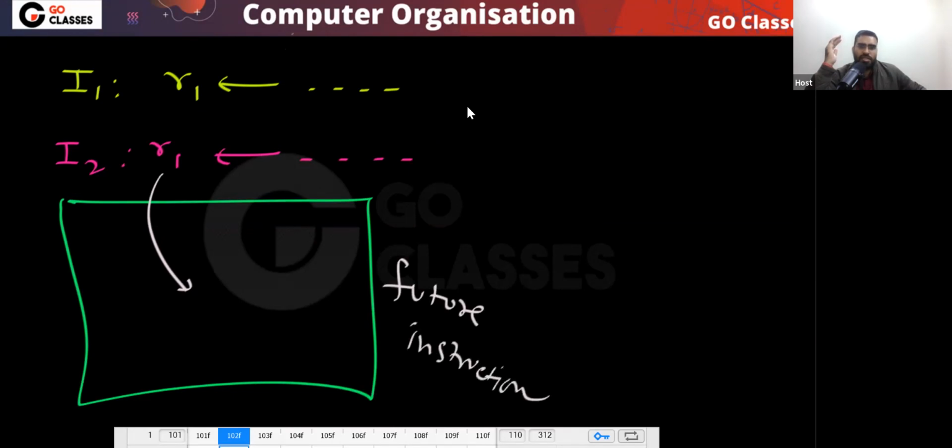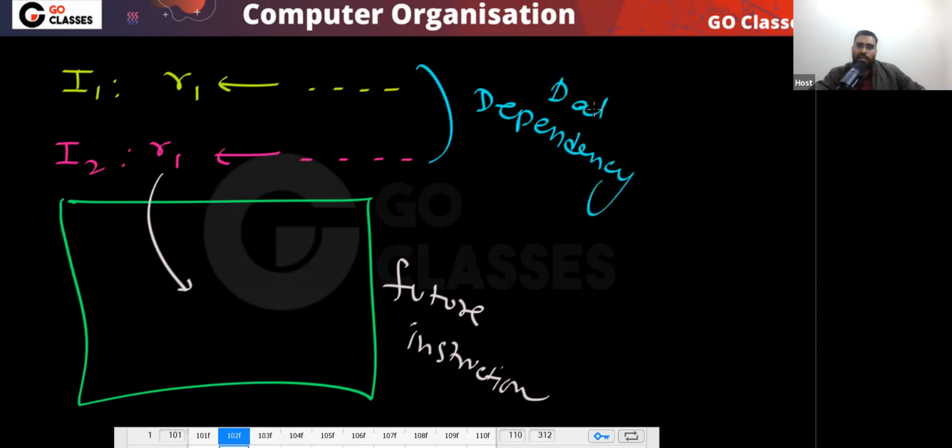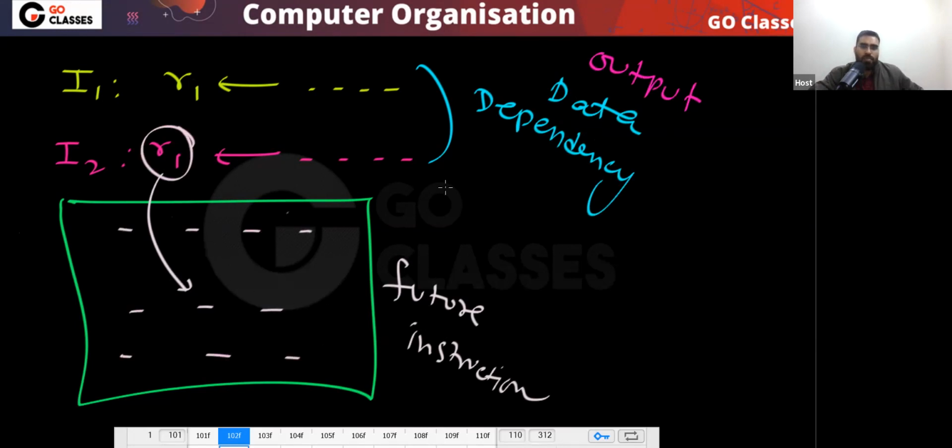So you can see that here also you have a dependency. Here also we have a data dependency, but this data dependency is called output data dependency, because this output should be visible to the future instructions, not that output.